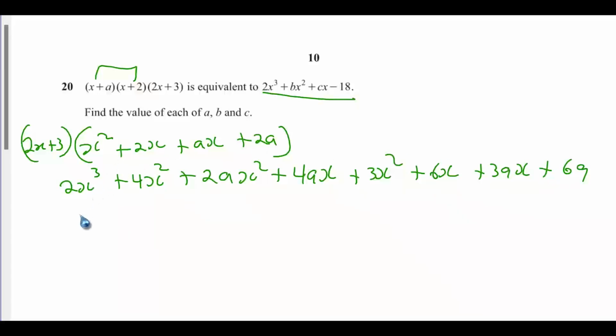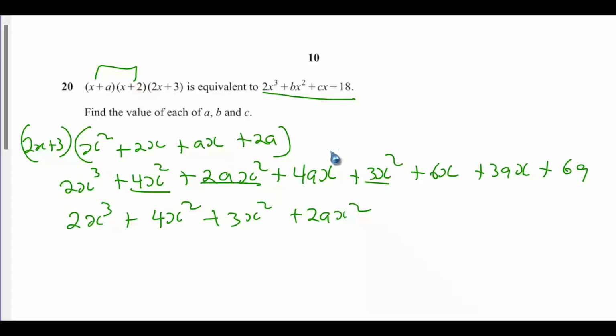So we can now rearrange by collecting the like terms. You have 2x cubed plus this, and this are similar. So you can say that 4x squared plus 3x squared plus 2ax squared. Also we have 4ax and 3ax to be together, and 6x as well.